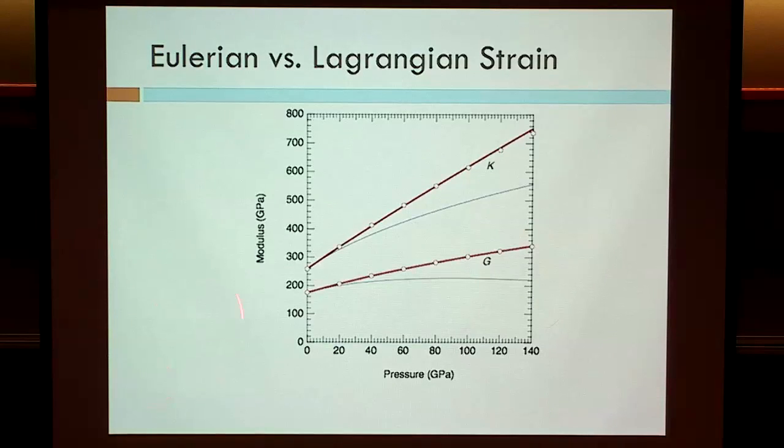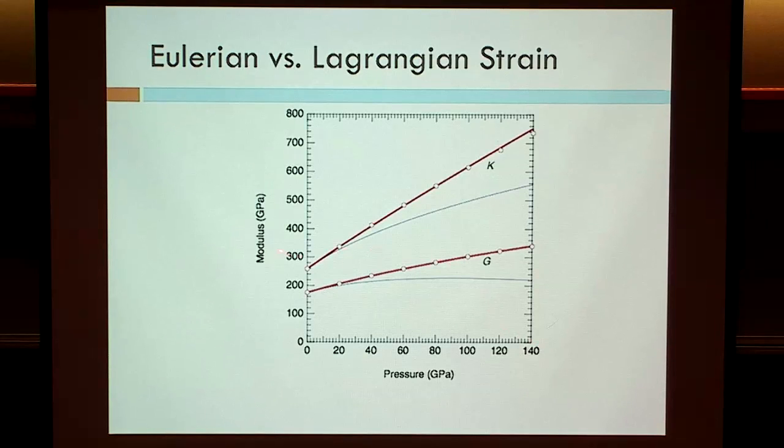Here I'm plotting elastic modulus versus pressure. This is from magnesium silicate perovskite. The symbols are ab initio calculations. They turn out to agree perfectly with the subsequent measurements of Murakami et al.